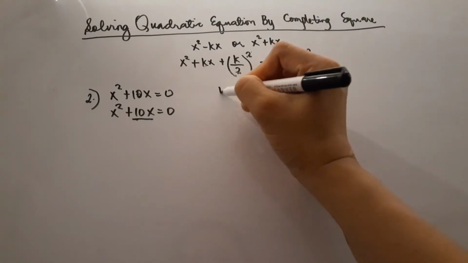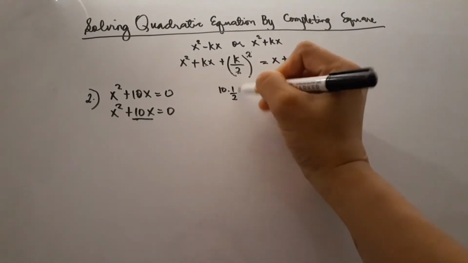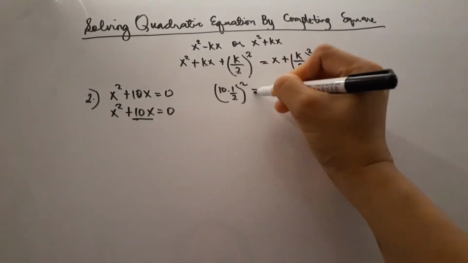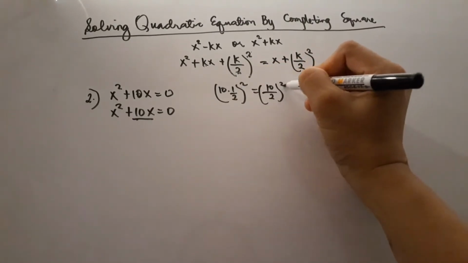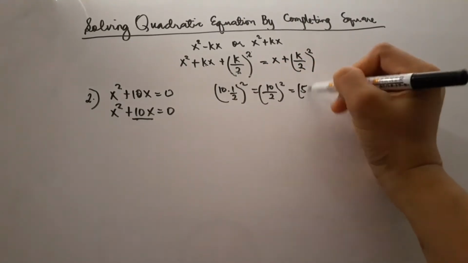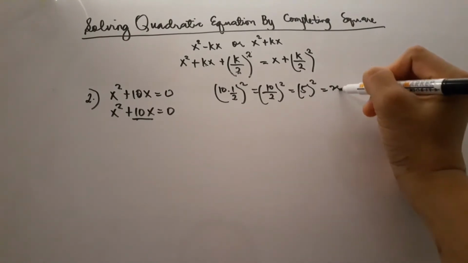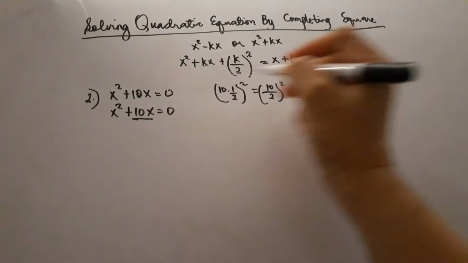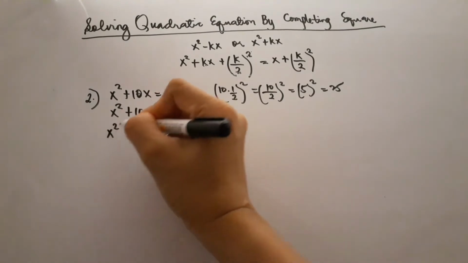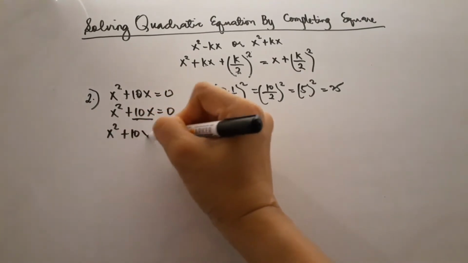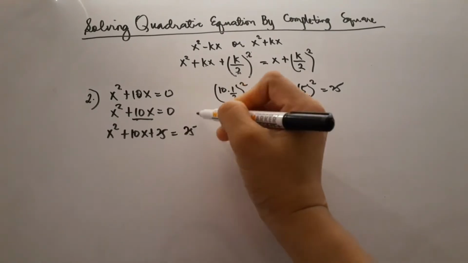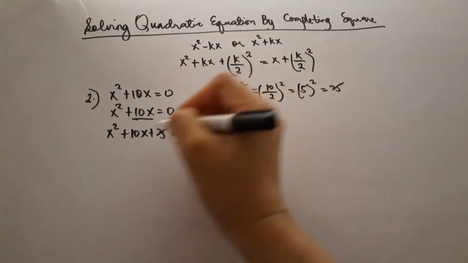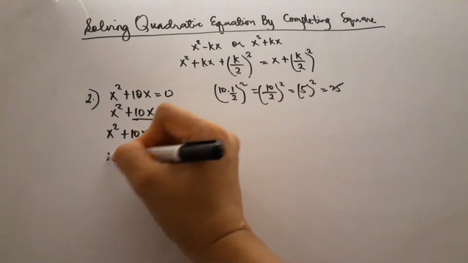So we have 10 times 1/2, squared, is equal to 10 over 2 squared is equal to 5 squared. Therefore, we add 25 to both sides. So we have x squared plus 10x plus 25, and then we add 25 here also. And then we complete the square.